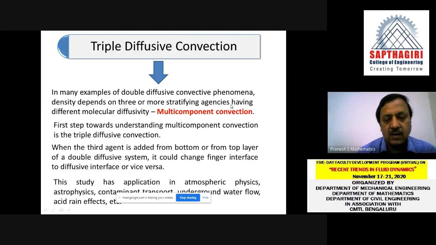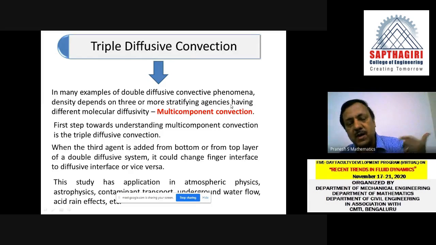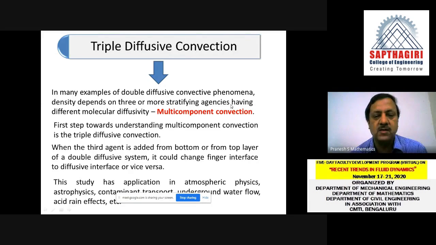But when we add the third component to the system, either from the bottom or from the top layer, then we find, as I explained earlier, that the finger interface may become a diffusive interface, or the diffusive interface may become a finger interface. Okay, so these are very important results we get with triple diffusive convection.